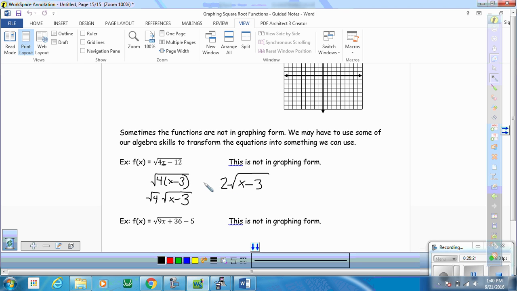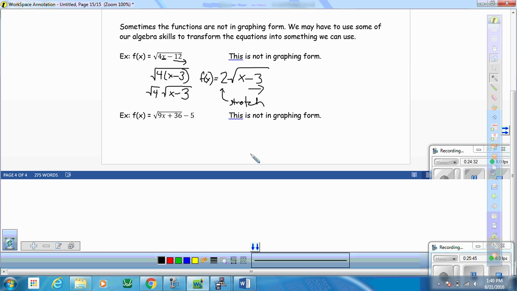But that means that when I graph this, I'm going to treat it like this, because this I can look at and say, oh, it's shifting right 3 places, not 12 places. And it's getting a vertical stretch of 2. All right, so we're going to stretch it out and get taller. If I had looked at this and tried to go right 12 places, that would give me a very different graph. So it's important that you do this before you graph it.